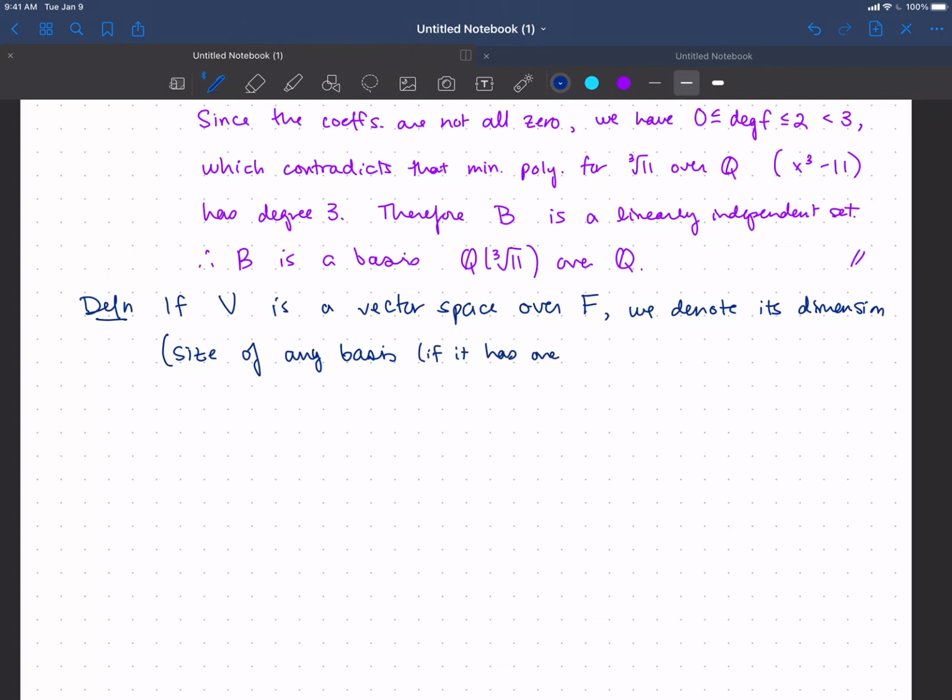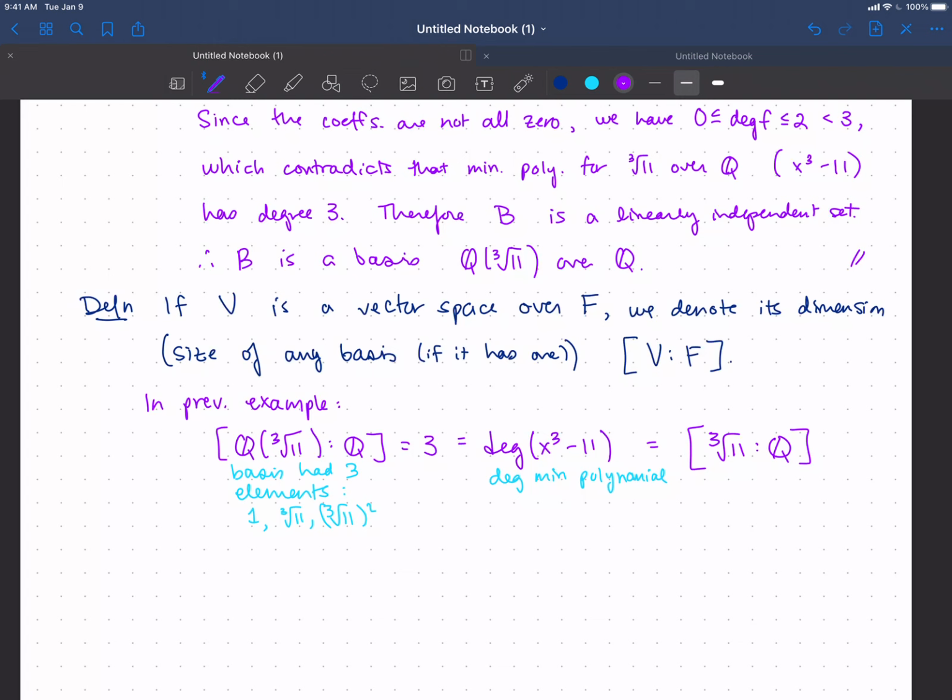And we have a notation for that too. We call that the degree of the algebraic element, cube root of 11 over Q, and we write it as cube root of 11 colon Q. So this was a definition from chapter 10.